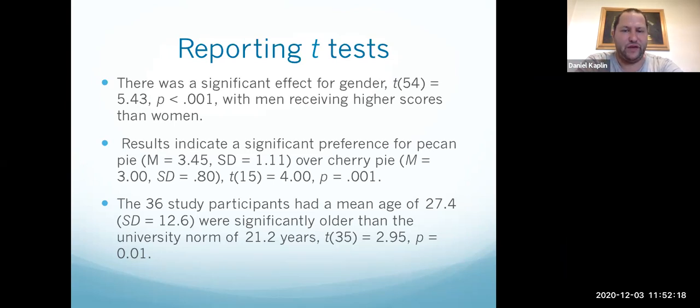Your t-value with 15 degrees of freedom equals 4.00, and p equals 0.001. That is, in my class, the preferred way to write your results.